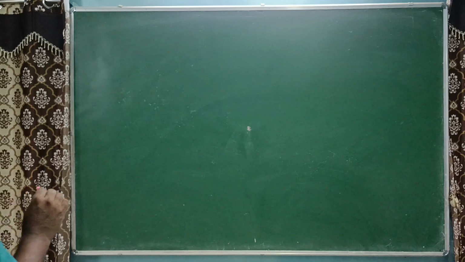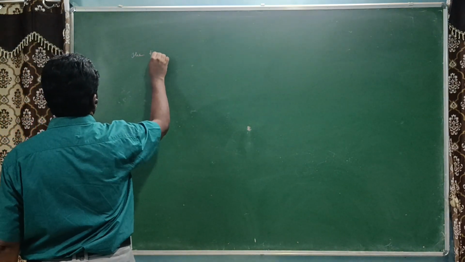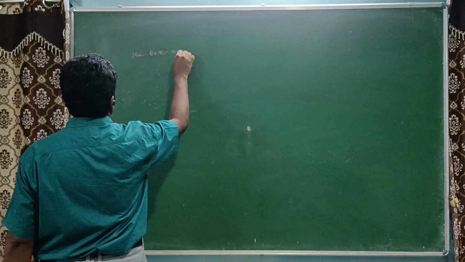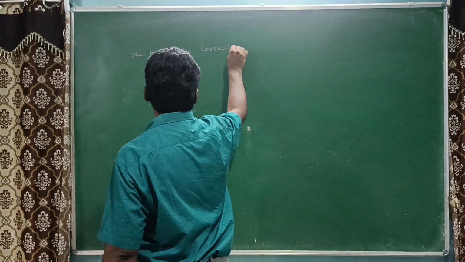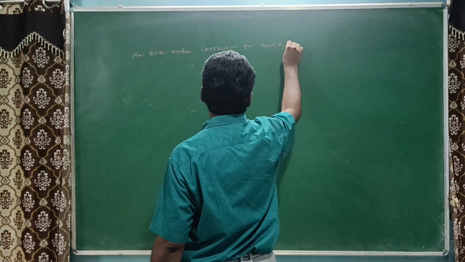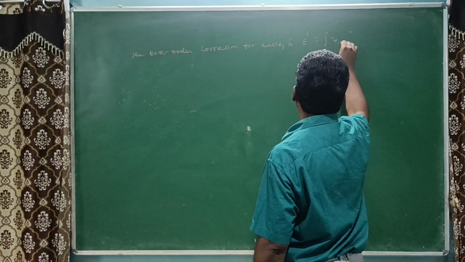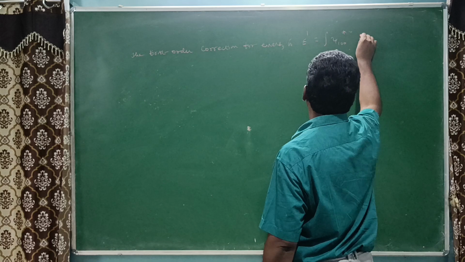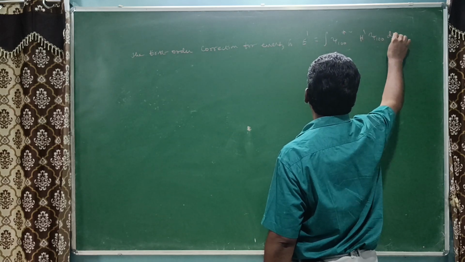According to the theory of perturbation, the first order correction for energy is E1 equal to integral of psi 1 0 0 star H1 psi 1 0 0 d tau.